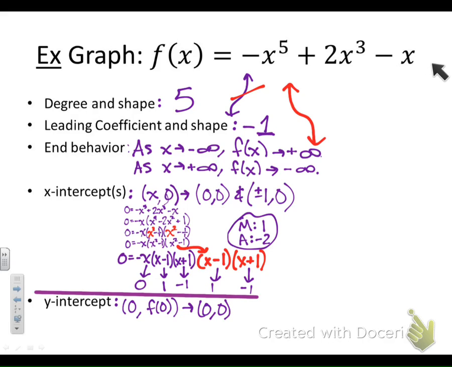Or notice how I don't have a constant here, and your y-intercept should always be your constant term. So I know my end behavior looks accordingly. Left arrow up, right arrow down. I start left, going through the points. Sometimes it's a ripple effect.